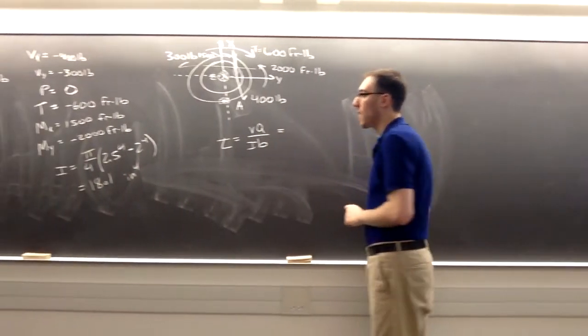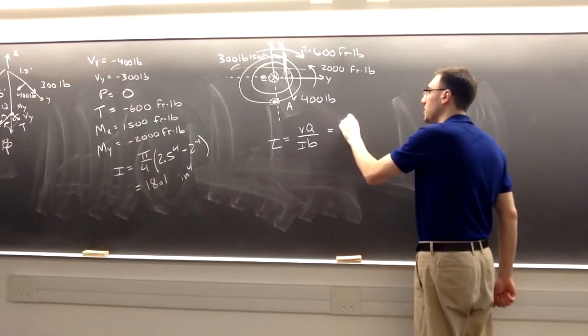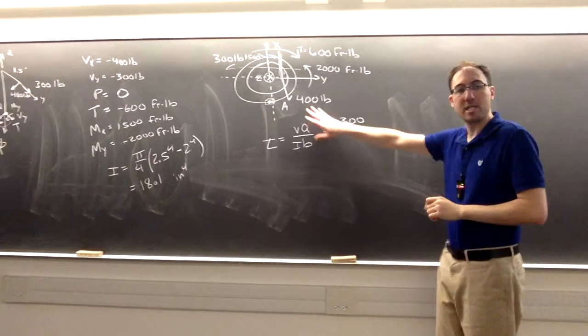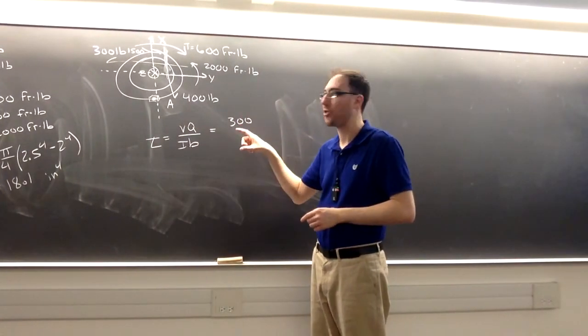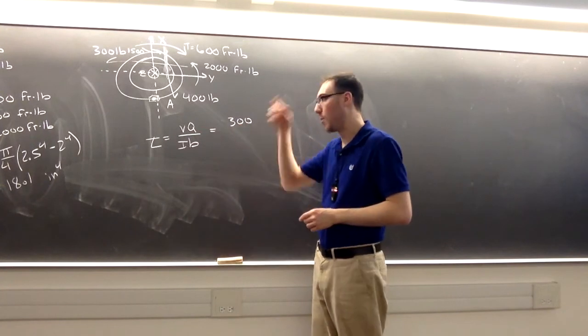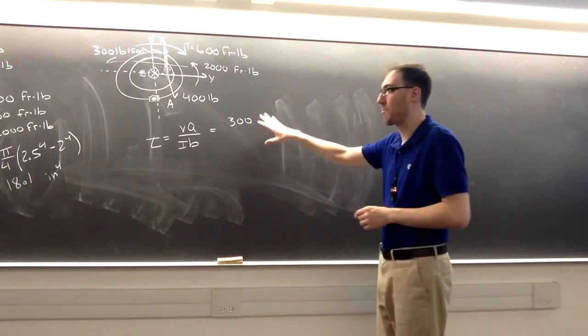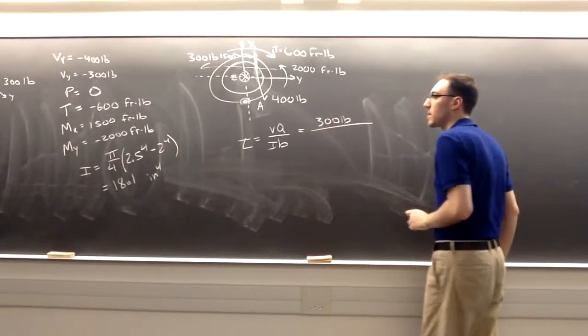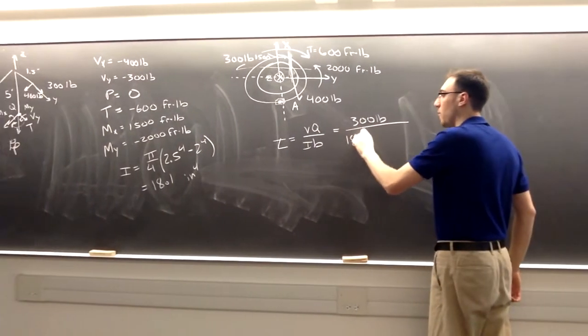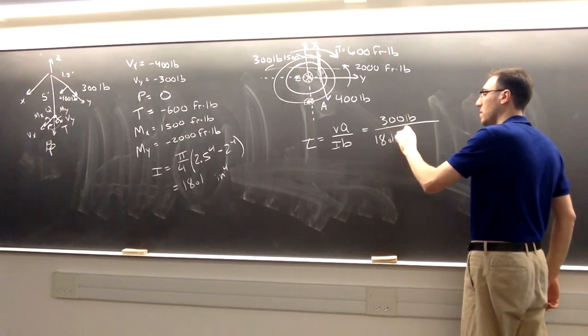All right, so some of this we already have. So the V we are told is 300 pounds. At this point, the sign on V does not matter, but when we draw the stress cube associated with this, it will. So we'll see in our interpretation what this is going to mean. V is 300 pounds. I, we just calculated 18.1 inches to the fourth power.